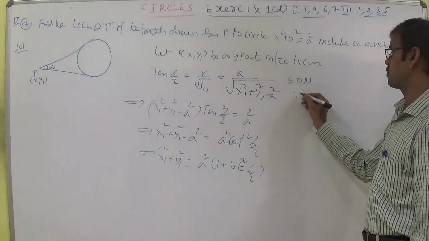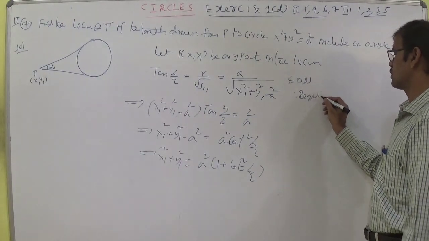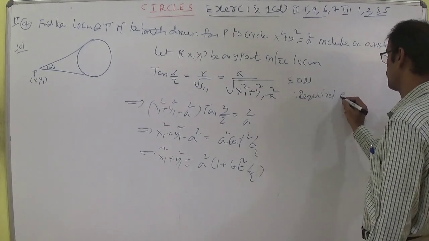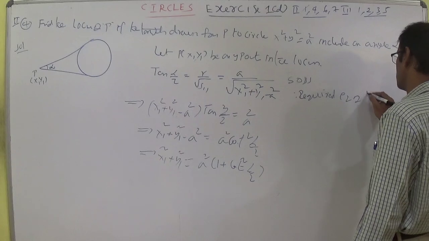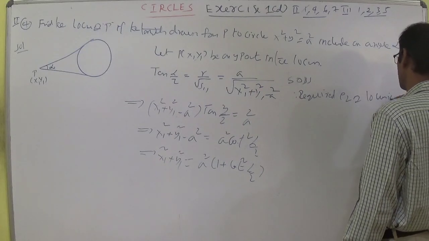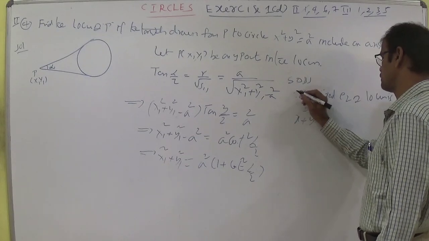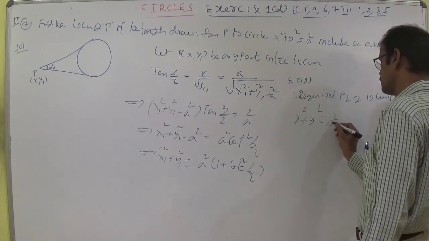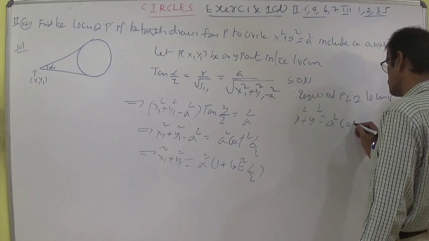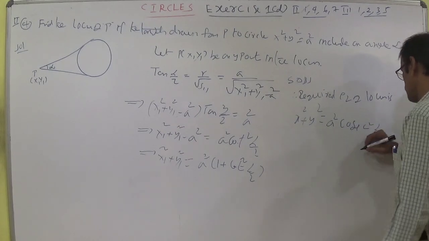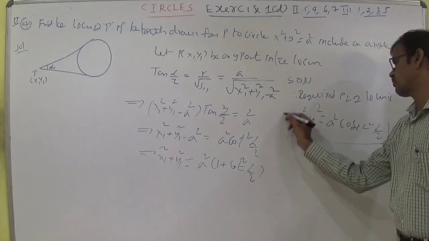Therefore, eliminating x1, y1, the required equation of locus is x square plus y square is equal to a square cosecant square alpha by 2.